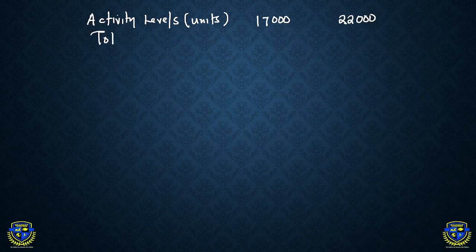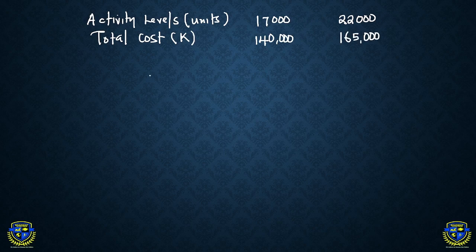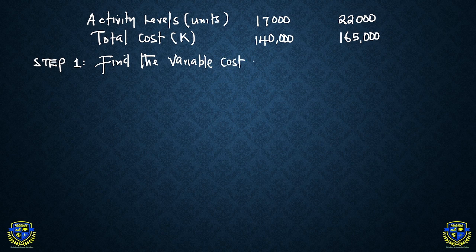Then the total cost, we're going to have 140,000 and 165,000. Now, when you have this data, we can look at steps now. So step number one, we're supposed to find the variable cost per unit.